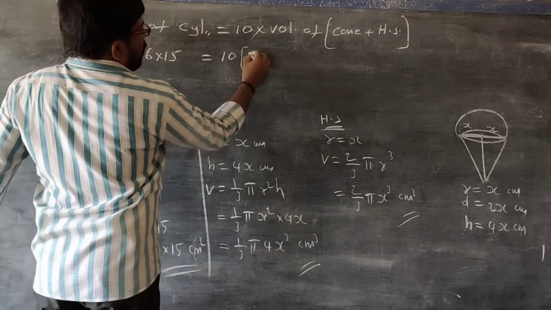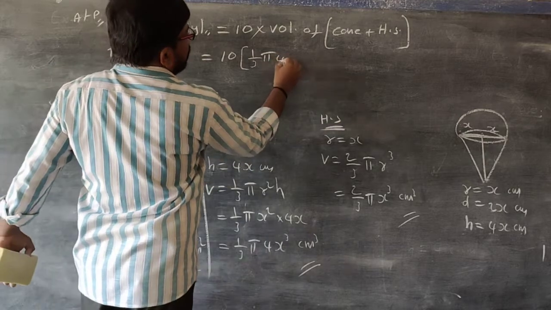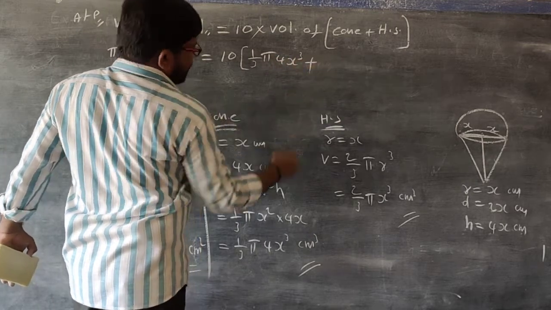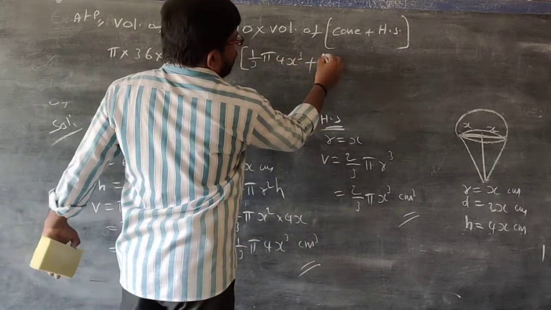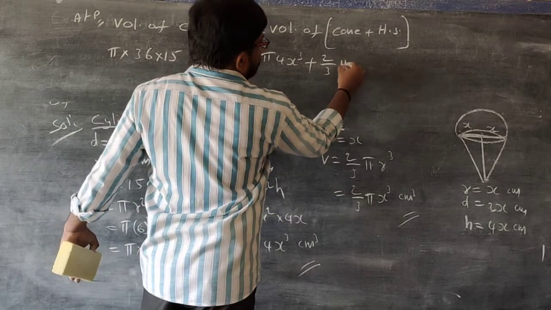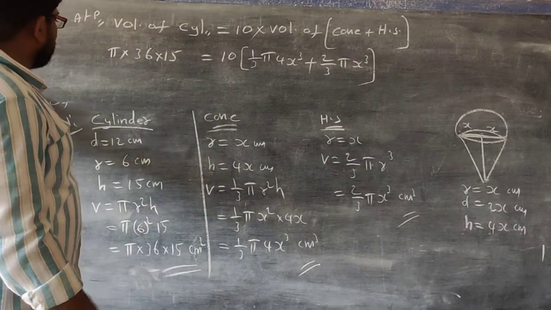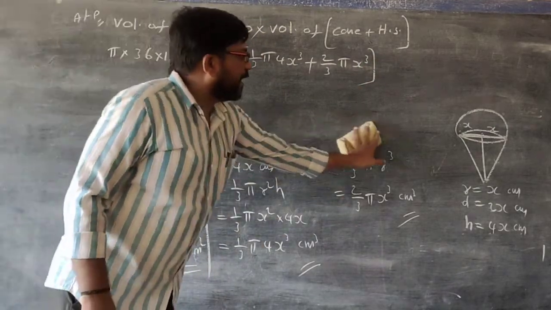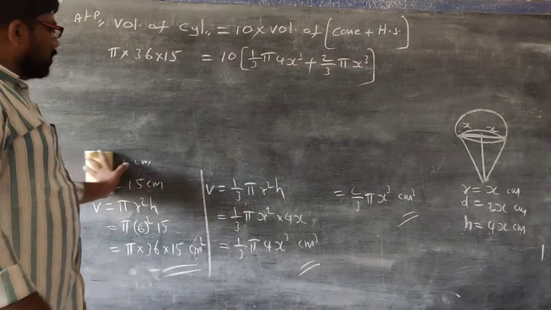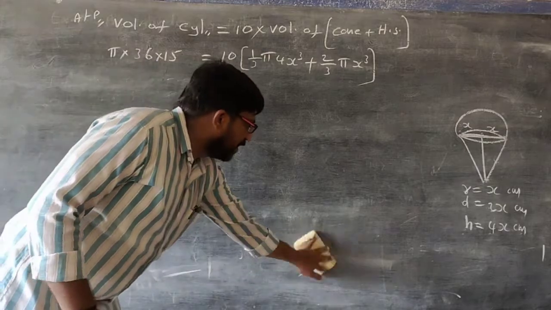Volume of cone 1/3 pi 4x cube plus volume of hemisphere 2/3 pi x cube, right? Here we need to find the x value. X is the radius of base of the cone ice cream, right?